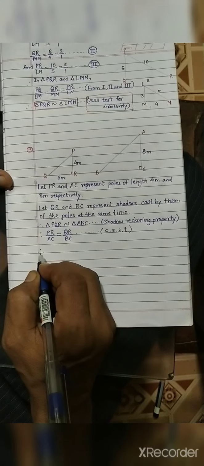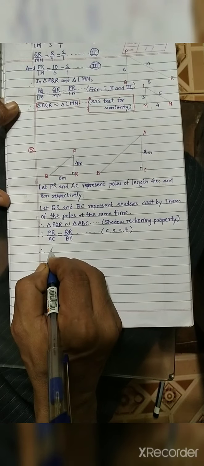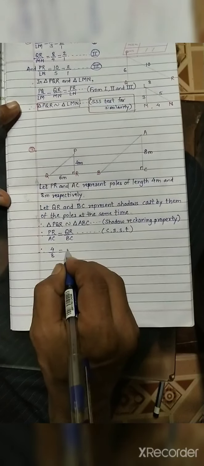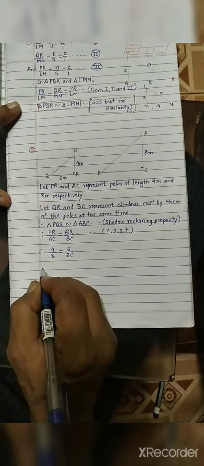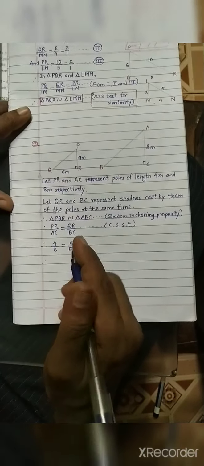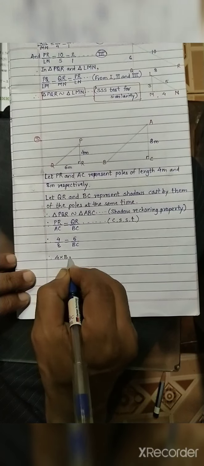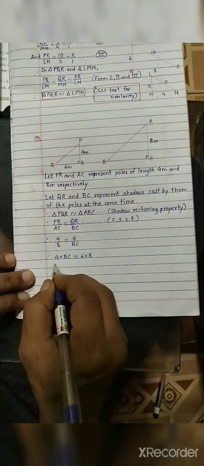Now putting the given values, PR is 4 upon AC is 8 is equal to QR is 6 upon BC, which we have to find out. By cross multiplication, 4 multiplied by BC is equal to 6 multiplied by 8.